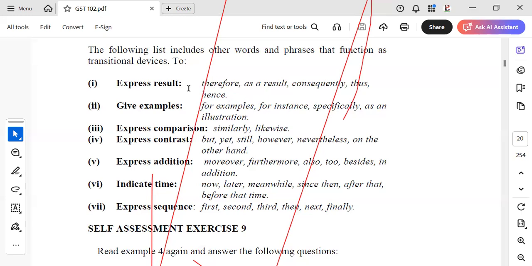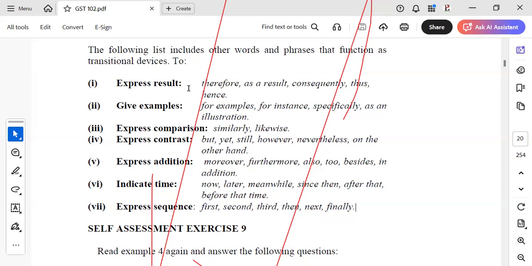So continue. Number 2, give example: for example, for instance, specifically, as an illustration. Express comparison: similarly, likewise.